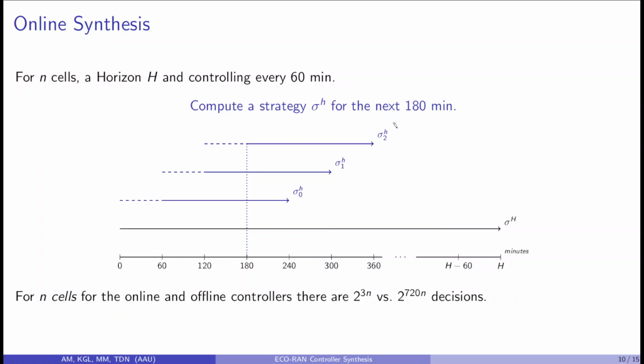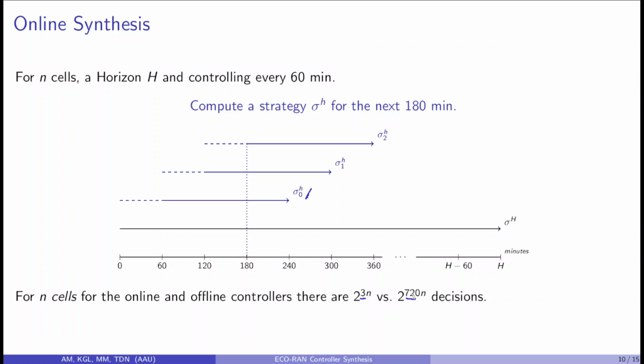By doing this, we need to consider way fewer decisions. If we have n cells and we have only 3 hours, then for 1 month, at every time we need to compute a small strategy, we need to look at 2 to the power of 3 times n decisions.